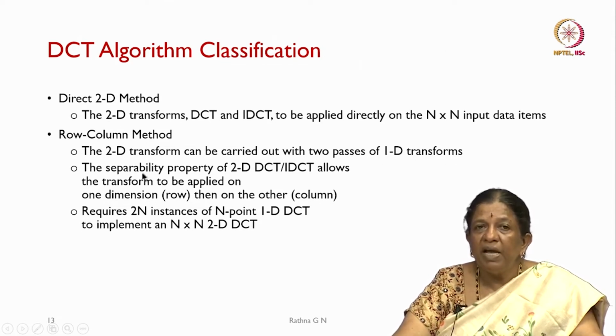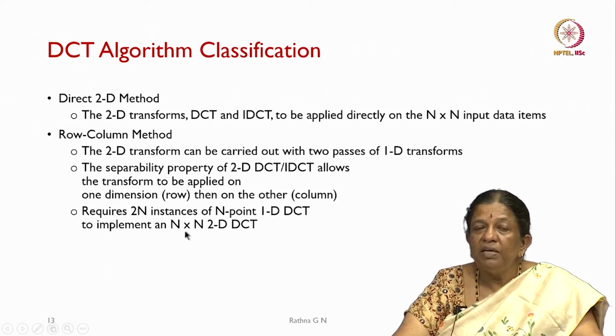We will be applying the separability property of 2D DCT and IDCT, which allows us to apply it in 1D fashion, that is one dimension row then the other column. So, this requires 2n instances of n point 1D DCT.